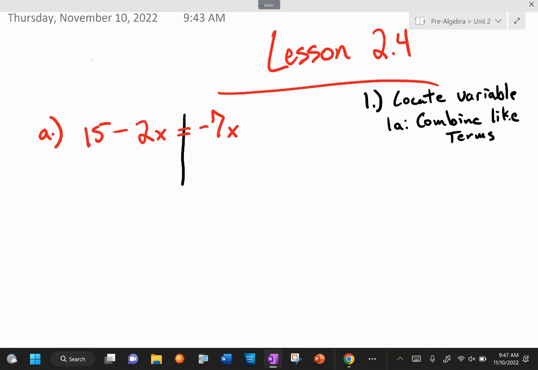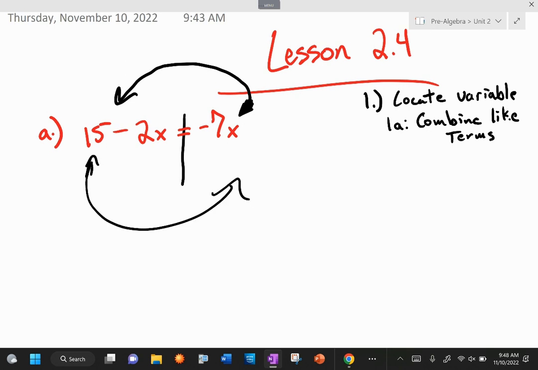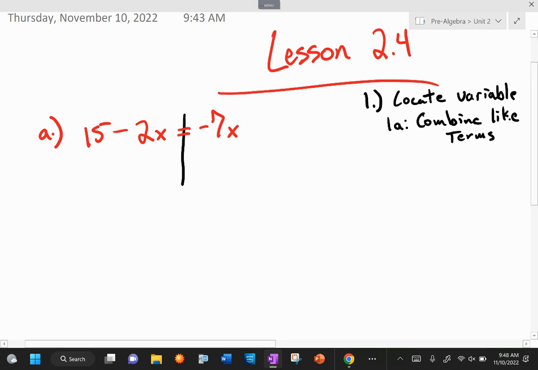If I take -7x right here and move it over here, I'm creating more work for myself, because then I'm going to have to take the 15 and move it over there, and then I'm still going to have to solve stuff. But since this -7 is already over here by itself, I can move this -2x over to the other side, and then I can just start solving from there.